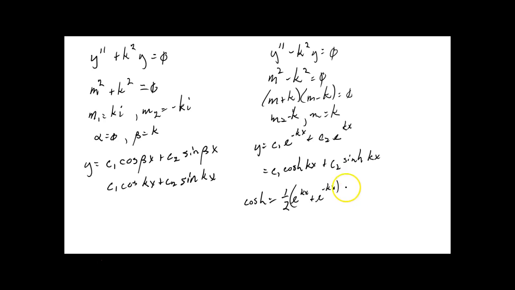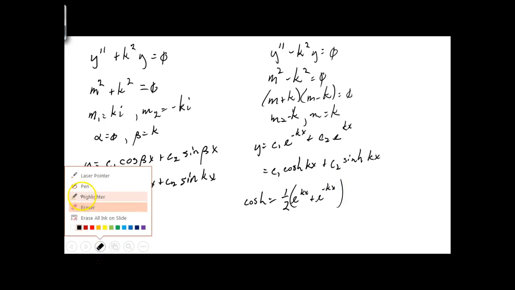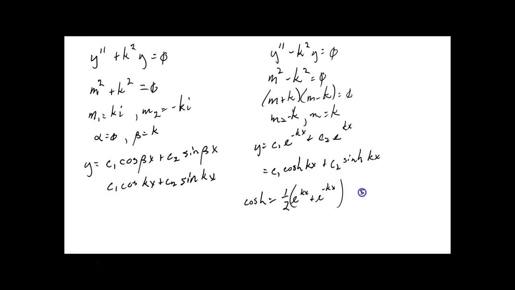And hyperbolic sine of kx, got to put that in there, is equal to 1/2 the difference of e to the kx minus e to the minus kx. Okay, so that's how you can make that connection.